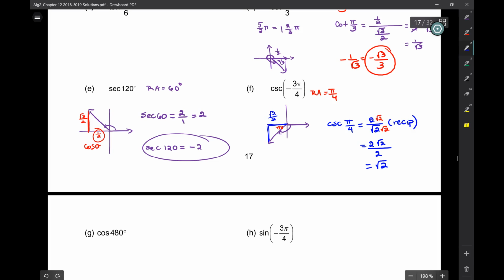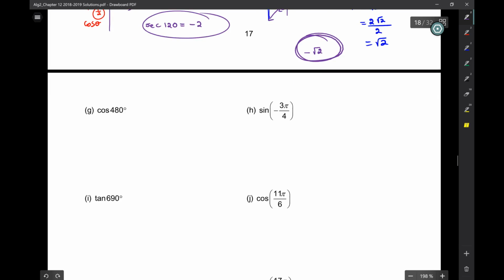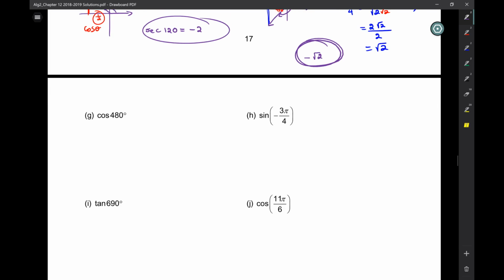Now, cosecant is like sine. Is it positive or negative here? All students take negative. So negative root 2.